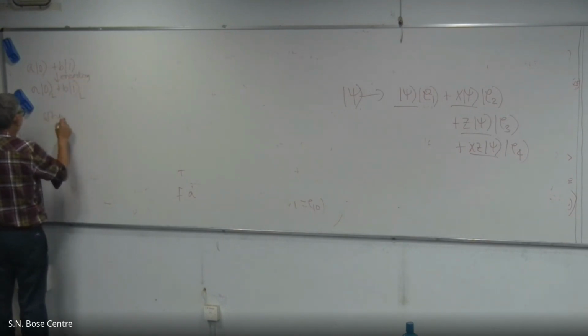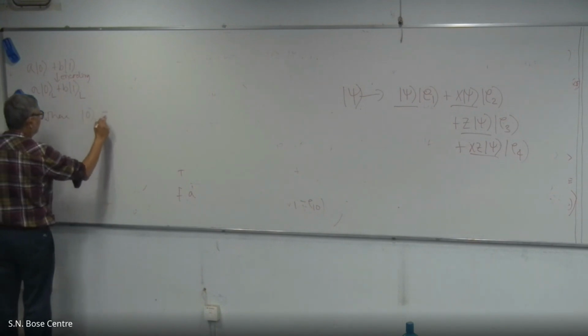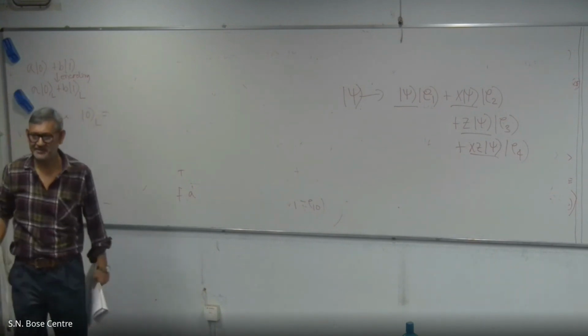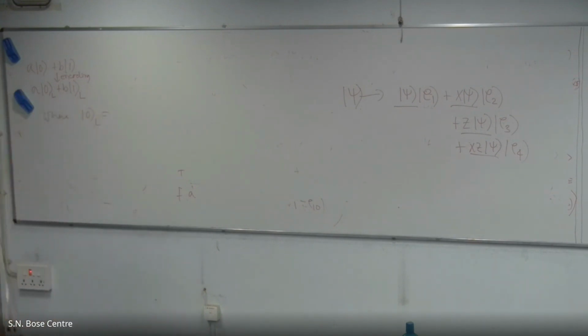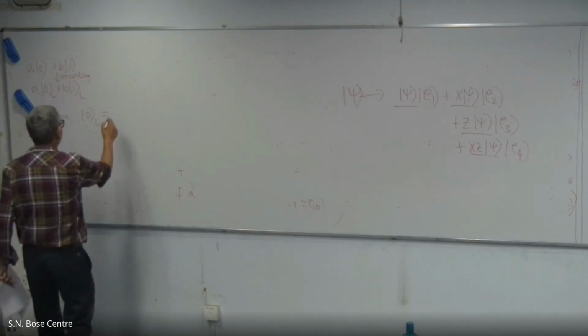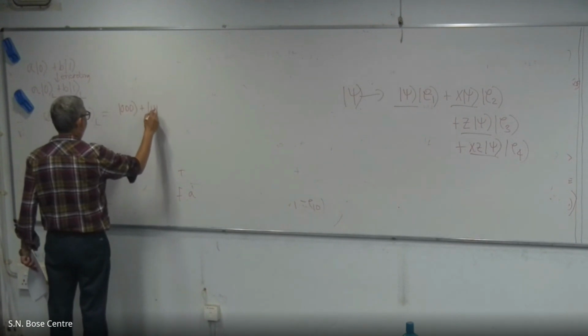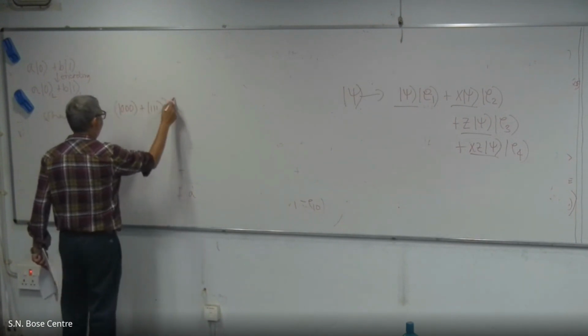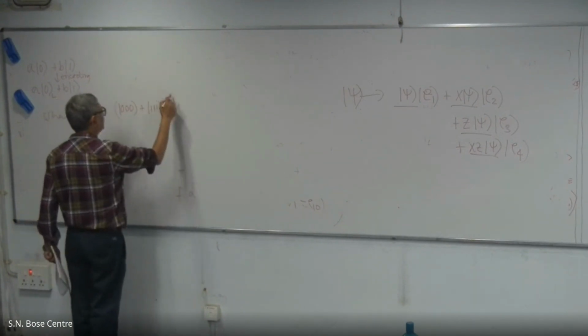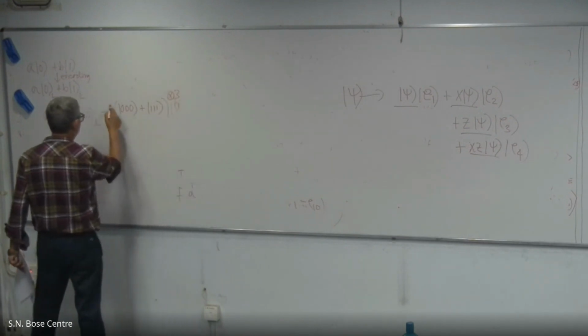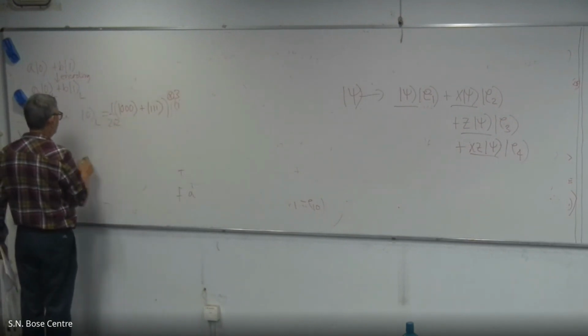Where this 0L is equal to 9 qubits. I am taking 9 qubits. I could write, and there will be 2.